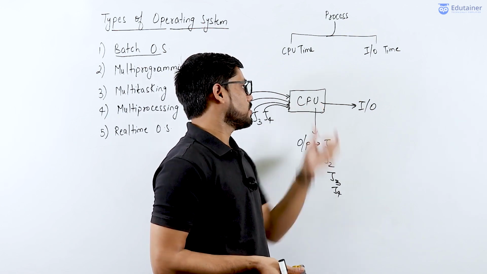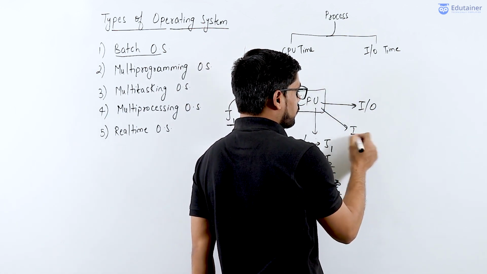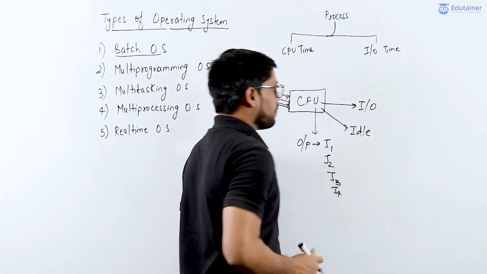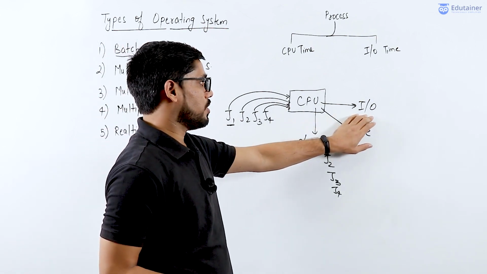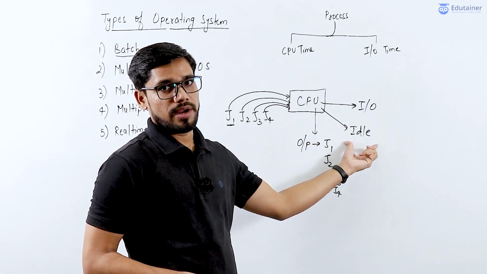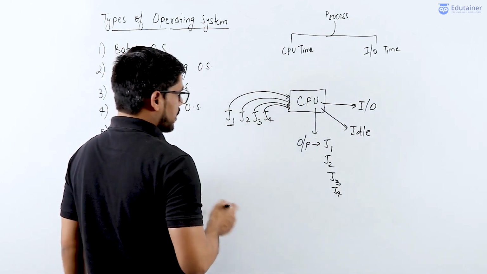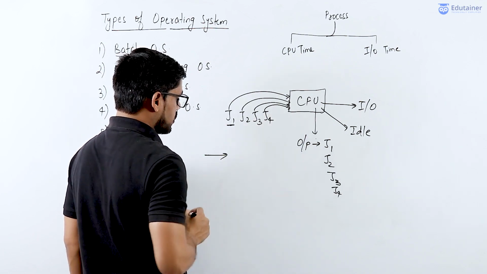So the CPU will be idle, and this is the main drawback of batch operating system. Whenever any process or job requires input output time, the CPU will be idle at that time. Because of this, there are many problems faced by batch operating system.